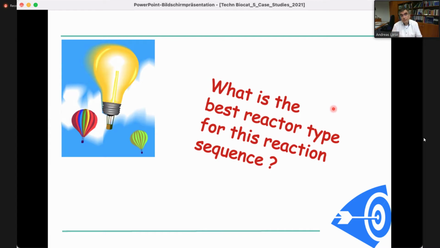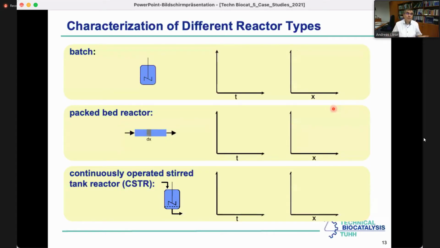And just to remember, and then we can discuss this, we had the three fundamental types. Here in the end, we have the batch reactor. In a batch reactor, we have concentration as a function of time changing, but at a given time point at every place in the reactor, we do have constant concentration.